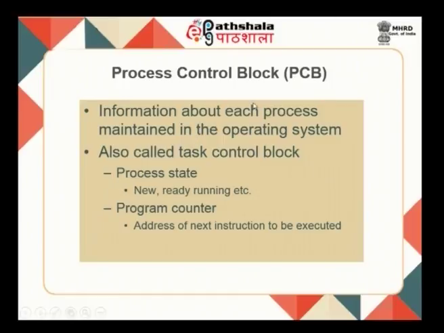And the process has a number of different parameters or qualities, and all of these can be represented in a process control block. So, the information about each process that is present in the operating system is maintained by the operating system.